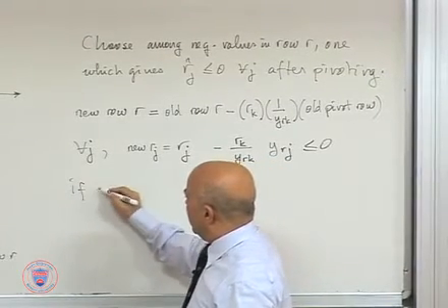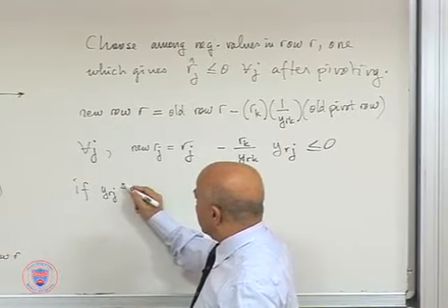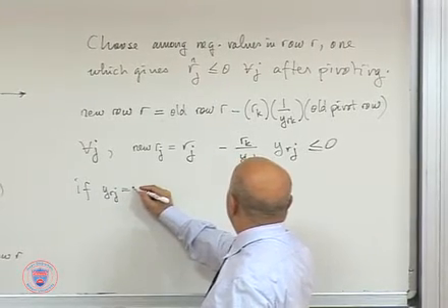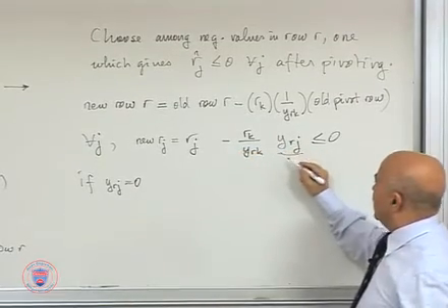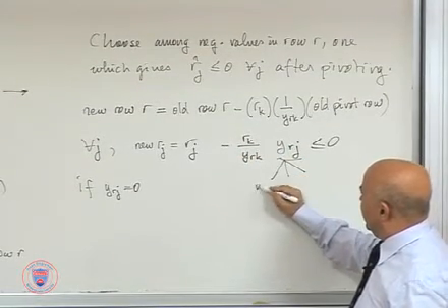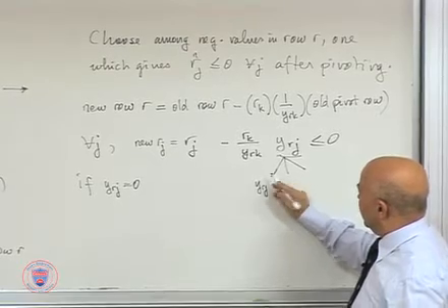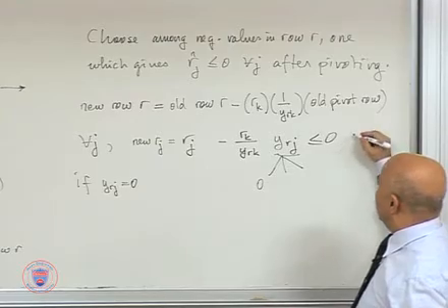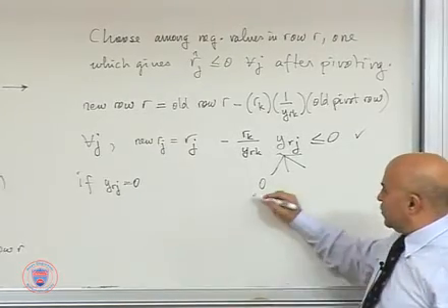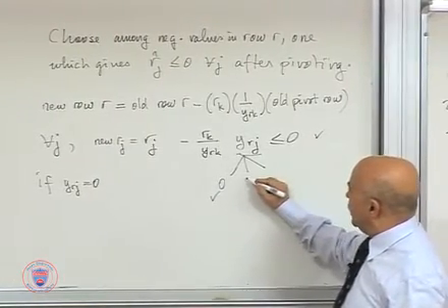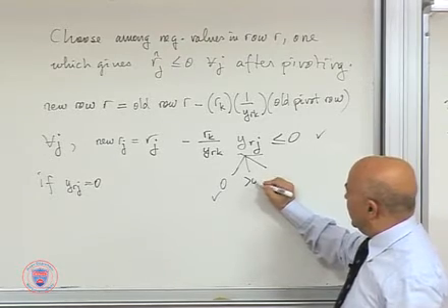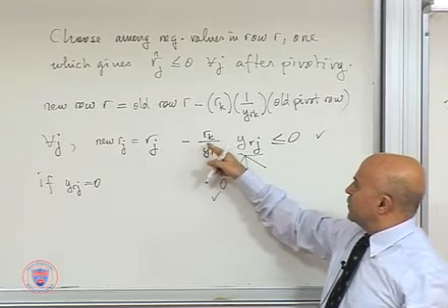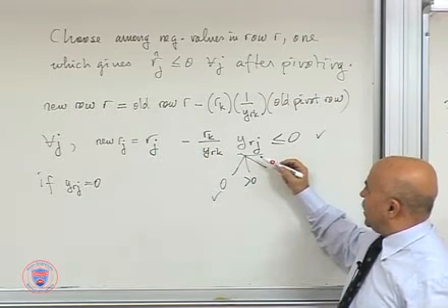Now, if Yrj is positive, well, first of all, there are 3 possibilities here. If Yrj is equal to 0, then this will not affect, so this inequality will be satisfied in that case. Okay, so this case is okay. If Yrj is greater than 0, then you're subtracting from the old value something positive, right?